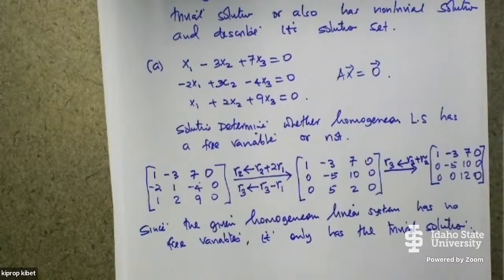If you don't have free variables, then it only has the trivial solution.